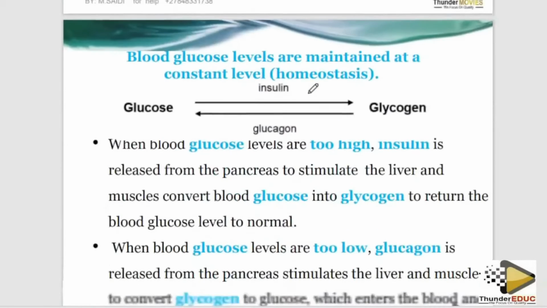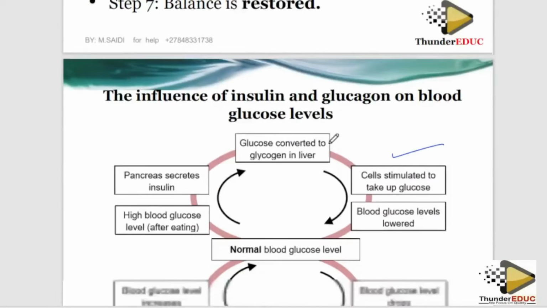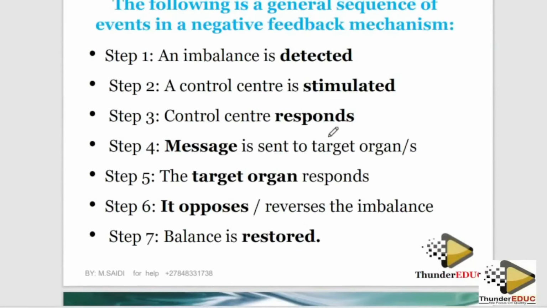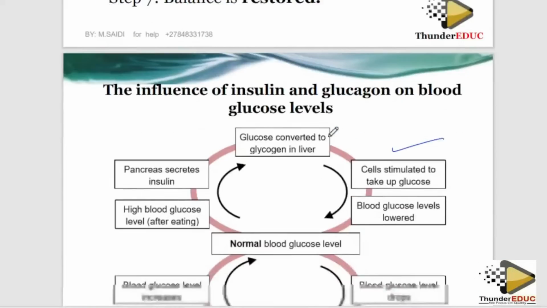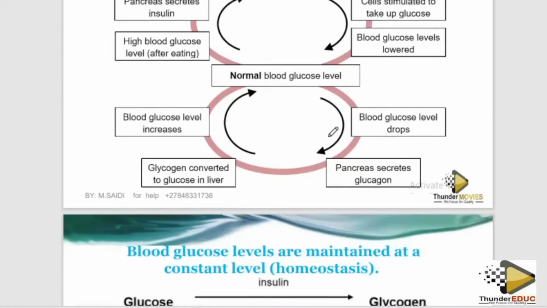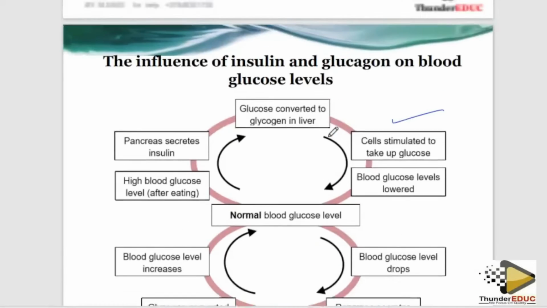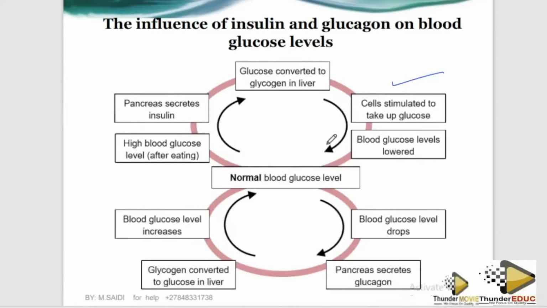The negative feedback mechanism, keeping the internal environment constant, we call it homeostasis. And when you talk about the negative feedback mechanism, it is bringing a situation back to normal. For example, you are hungry.